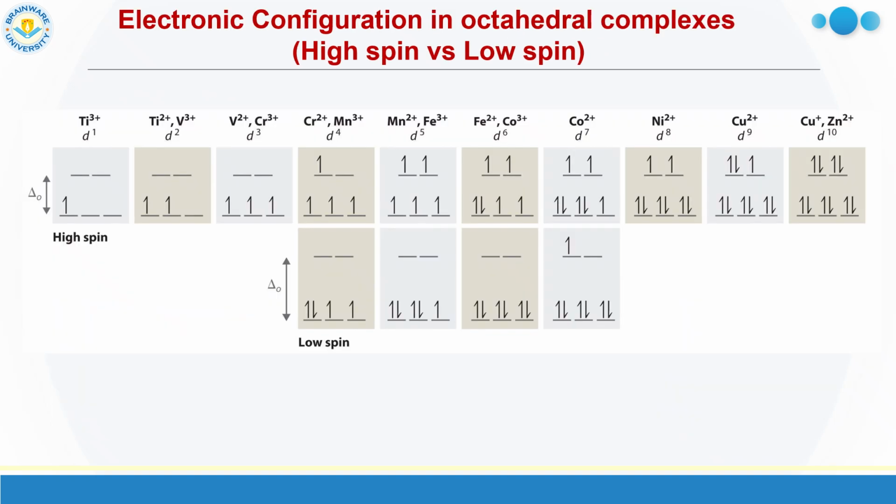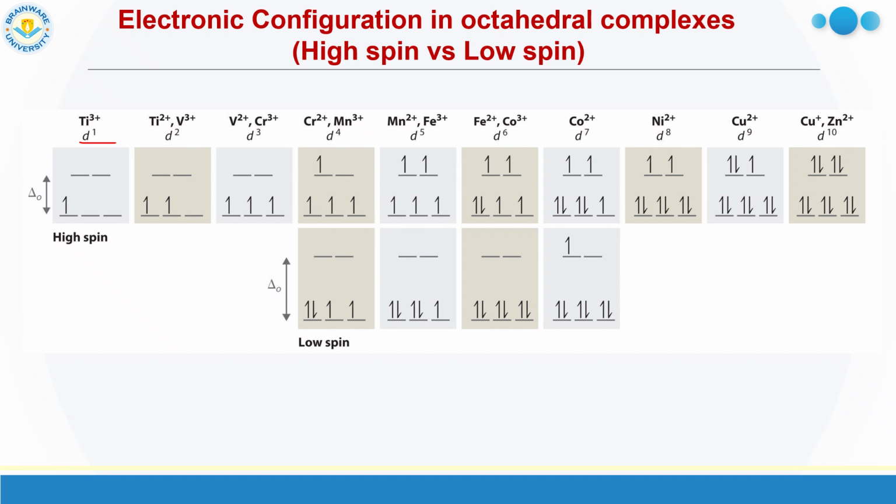Now once the orbitals get split, the electrons present have to be filled into the orbitals. First, if we consider the d1 case, how many electrons are there in the d orbital? One electron. So where to place the electron? Always we have to start from the lower energy orbital, then step by step go to the higher energy orbital.